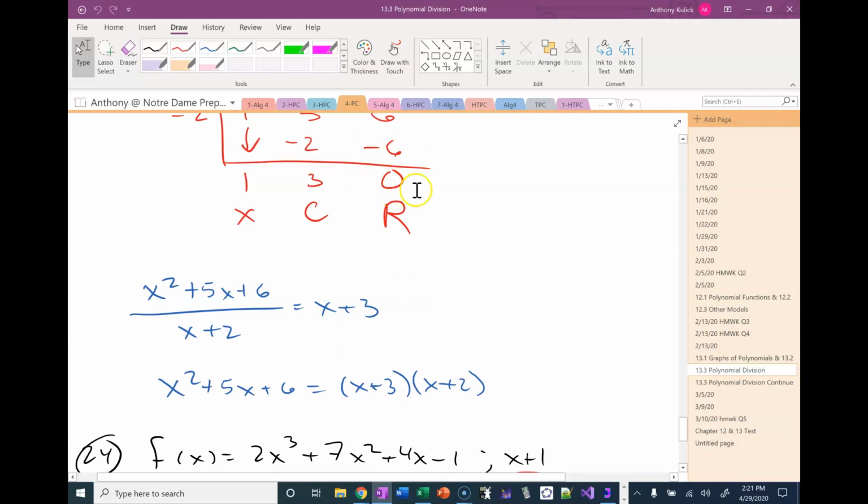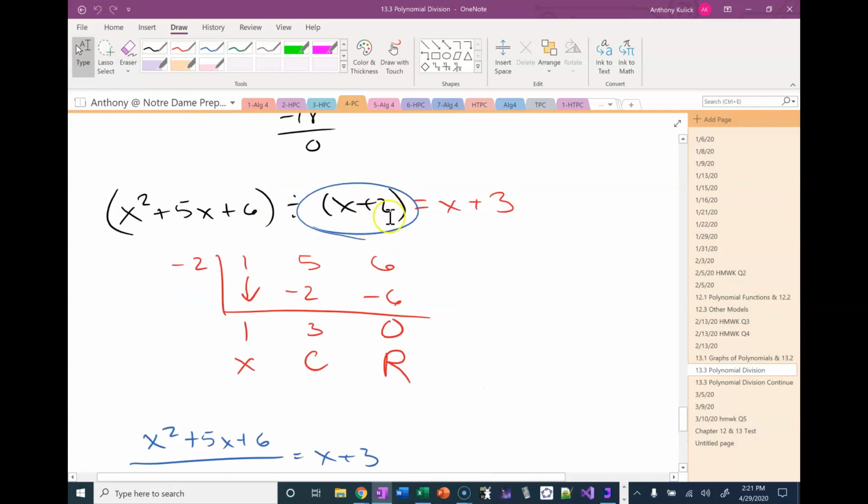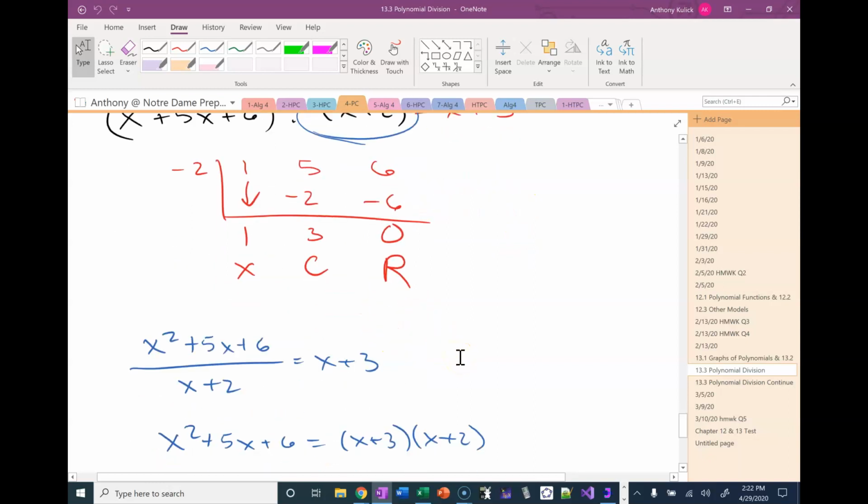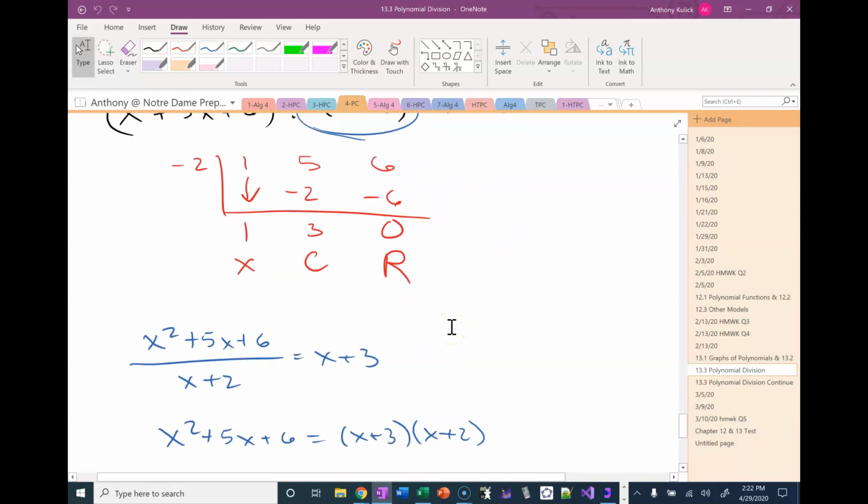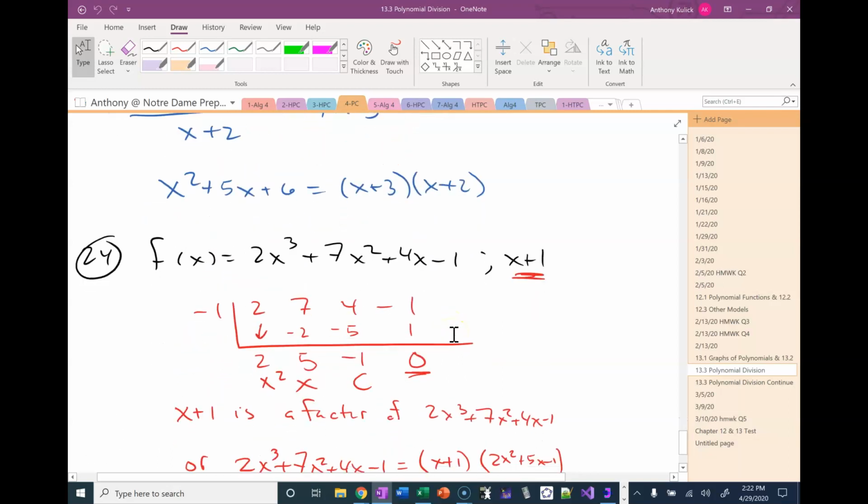Now the key to being able to factor is that we have to have a remainder 0. If we do get a remainder 0 with a division, we're going to have that our dividend is equal to our divisor times the quotient, only if you're getting a remainder 0. And this will become the building block of the next section.